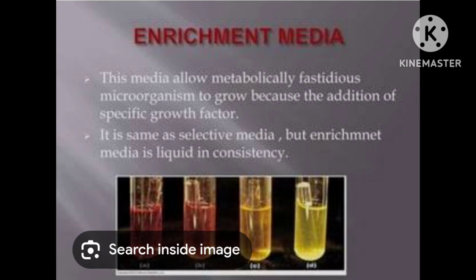It is used to grow microorganisms as they require additional nutrients and growth promoting substances. For example, chocolate agar, blood agar and Loeffler's serum slope. These are the types of enriched media.